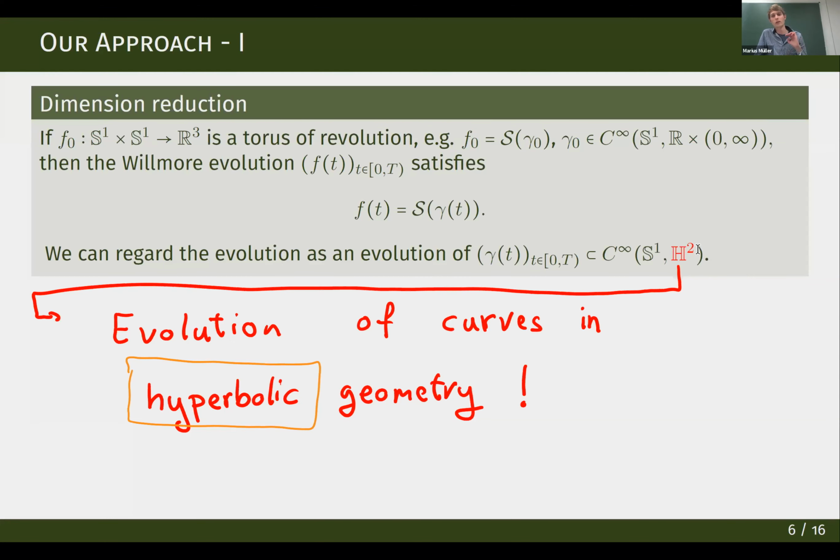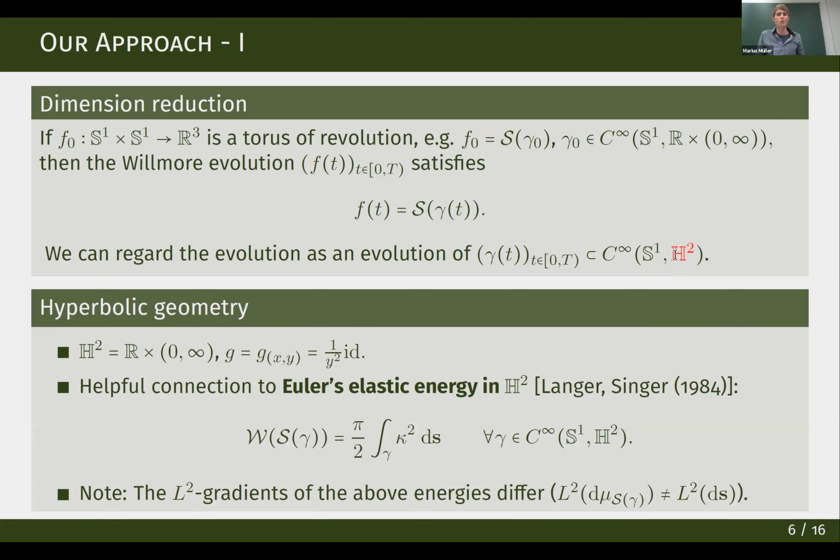I will now justify why it makes sense to look at the evolution as an evolution in hyperbolic geometry, or why this hyperbolic geometry naturally comes up. And for this, I start with defining what I mean by hyperbolic geometry.